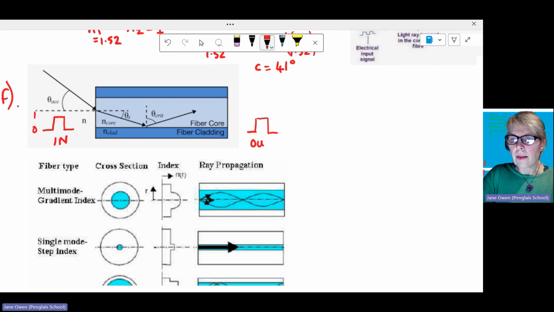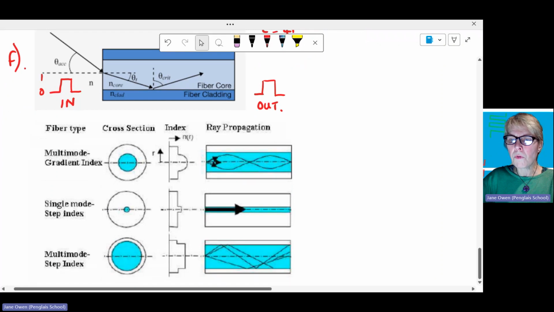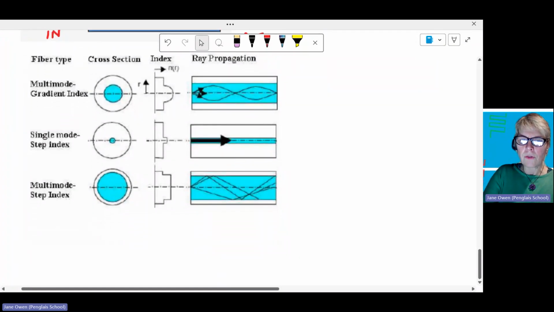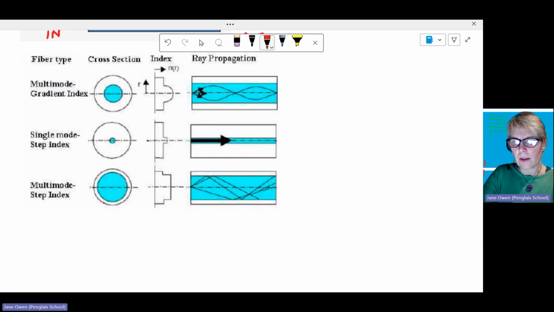However, the path that the light takes can be more than one path. So, for example, if you look at this multimode step index fiber, where you've got a refractive index medium around a central core, it always has to be less dense on the outside compared to the inside.